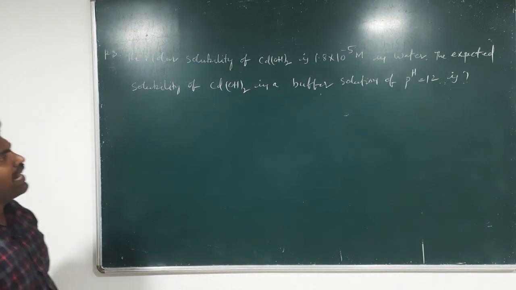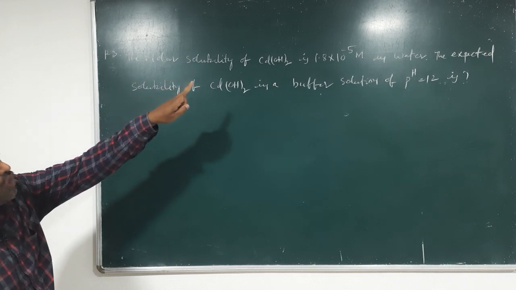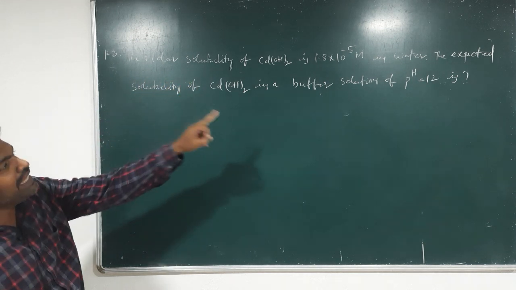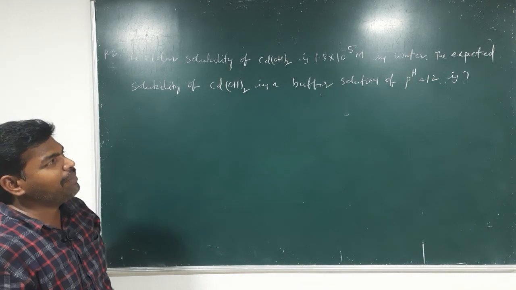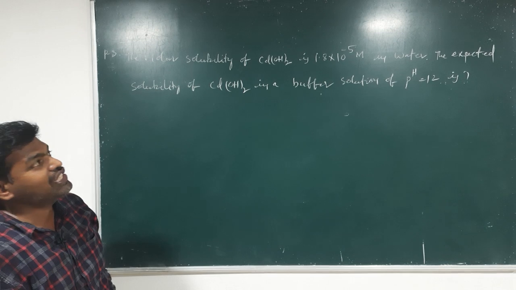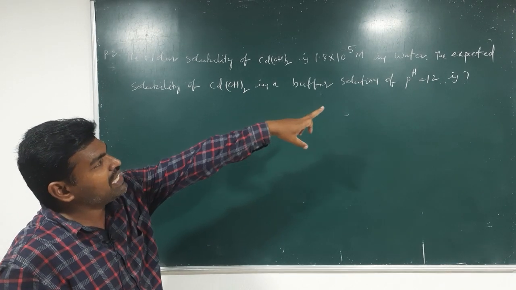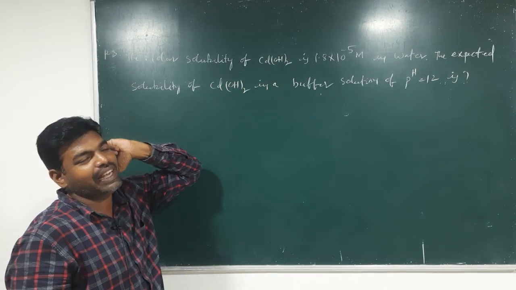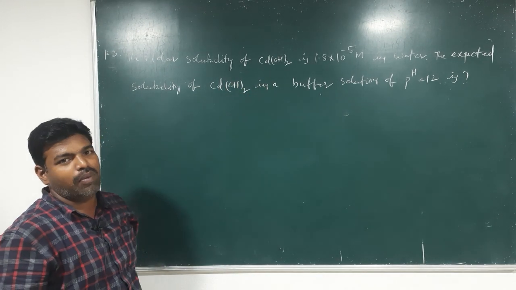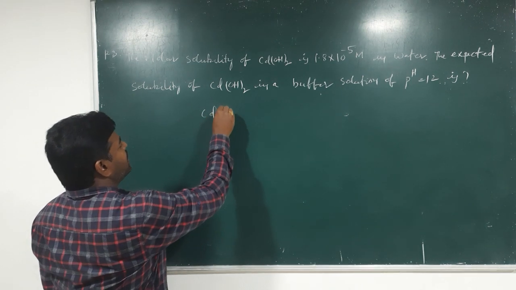They asked to calculate the molar solubility of cadmium hydroxide in a buffer solution of pH 12. They gave the pH value, but cadmium hydroxide is a base. So to solve this problem, let us write the equilibrium of cadmium hydroxide.